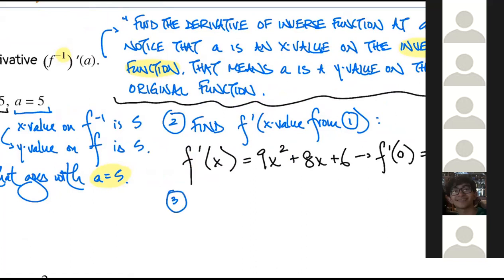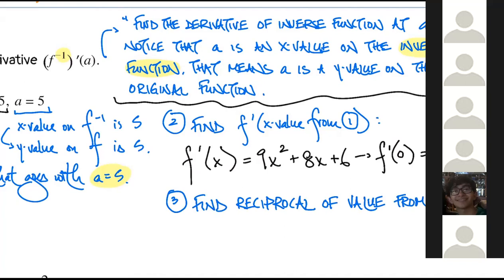All right, here's our last step, folks. We're going to find the reciprocal of the value from step 2.